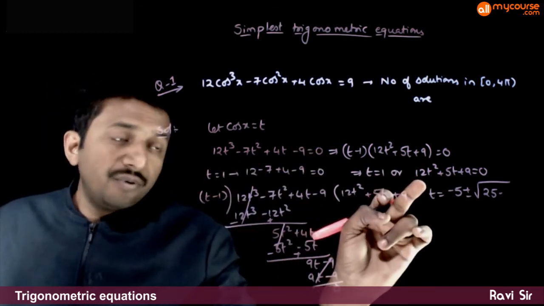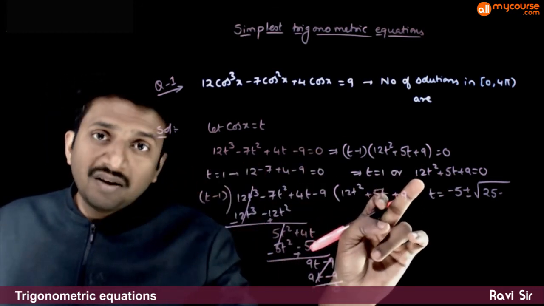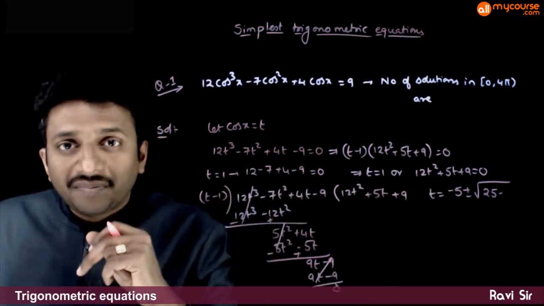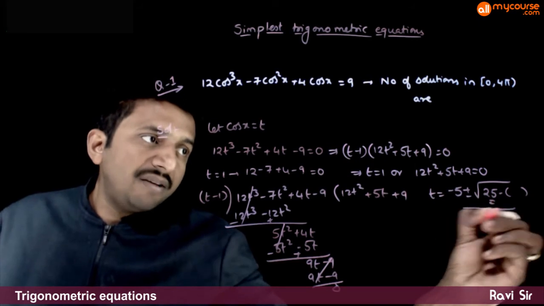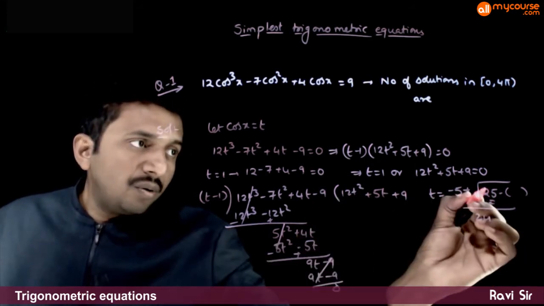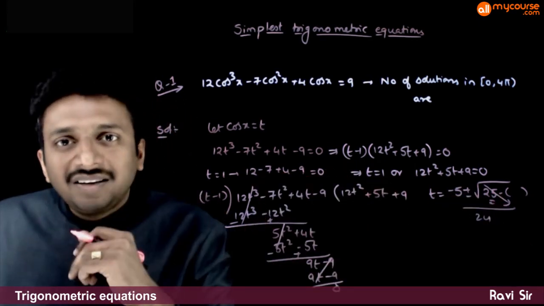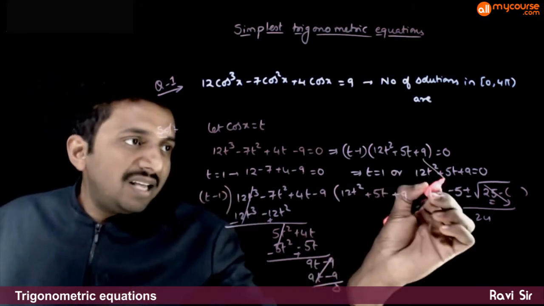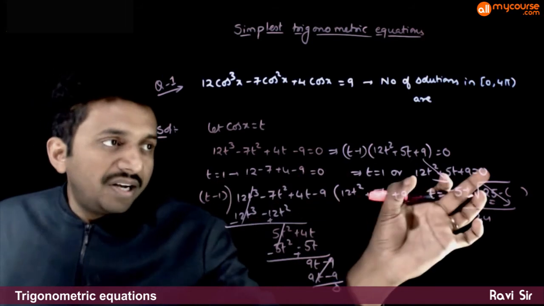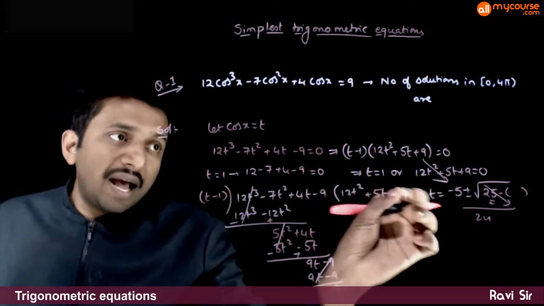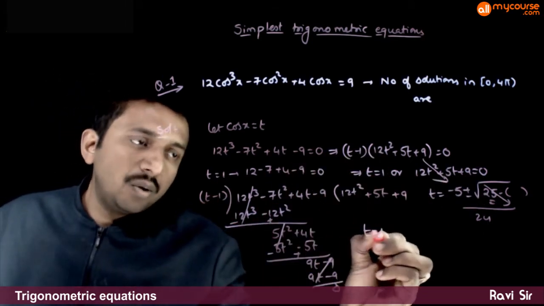That is 4 into 12 is 48 into 9. 48 times 9 is a very large number compared to 25, right? So you have a negative number inside the square root. That means this quadratic equation does not have real roots. So you have only one solution, t is equal to 1.